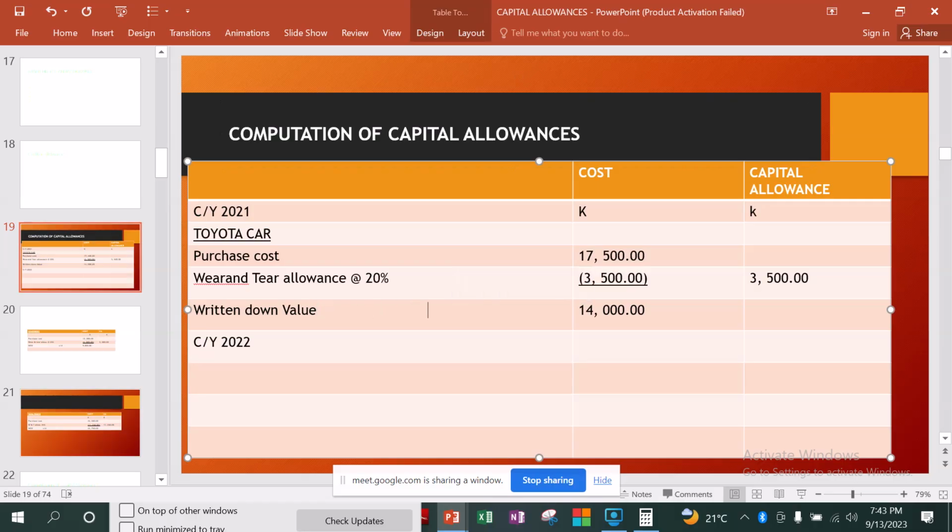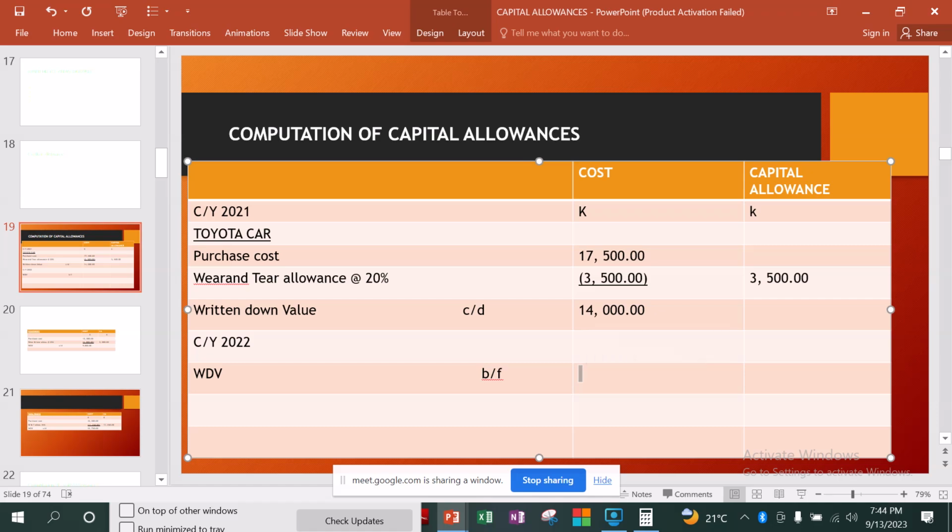Remember this one was written down value carried down, but it is now brought forward. Brought forward with how much? 14,000.